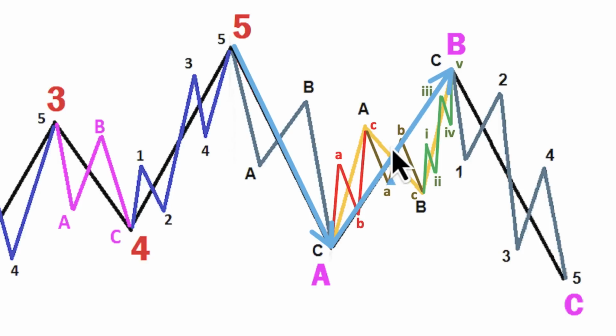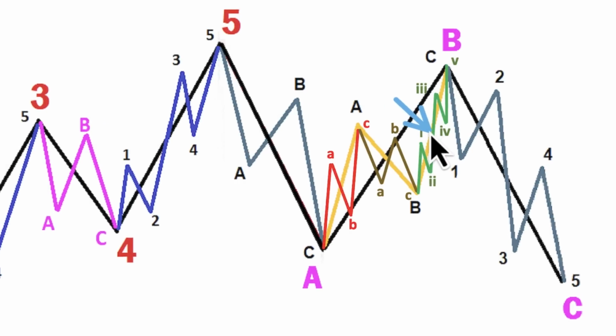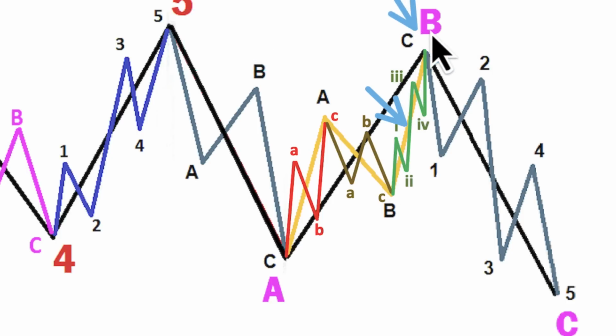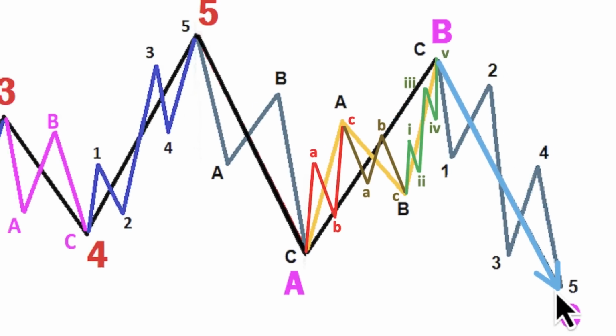And that means in this B wave bounce, in this large B wave bounce, we've completed waves A and B, and we're in the C wave. Within the C wave, we're probably in the third wave of that C wave, of that large B wave. And when this B wave completes, in other words, when the C wave of B completes, then we get a large decline taking us to much lower levels.